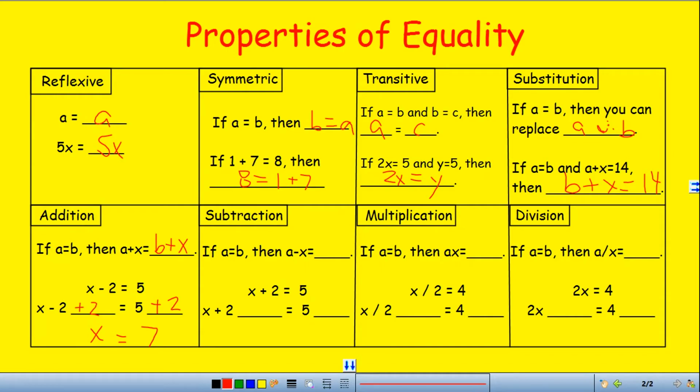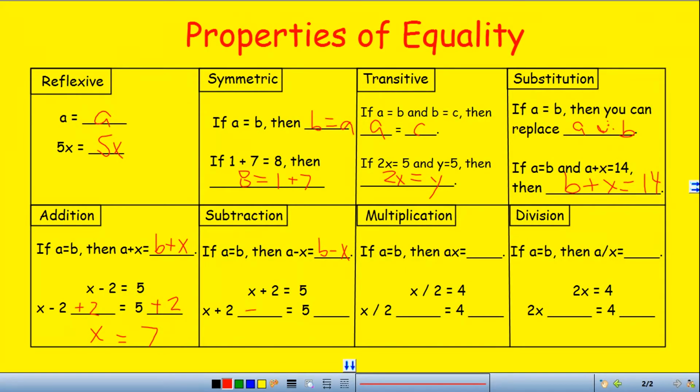With the subtraction property of equality, if a equals b, then a minus x will be the exact same thing as b minus x. With this one-step equation, x plus 2 equals 5, I can use my subtraction property in order to cancel out my positive 2.